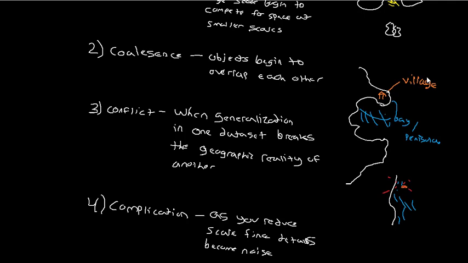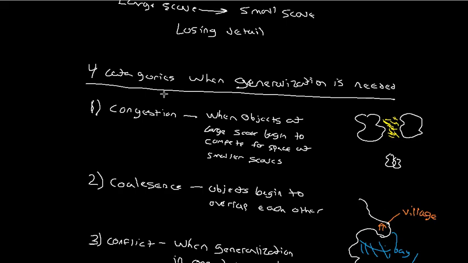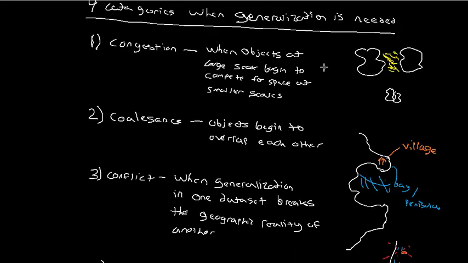In this lecture video, I want to move beyond what we talked about in the last video, where we talked about the 4 reasons why we generalize, and move into talking about how we generalize. So just to recap, we had these 4 reasons why we generalize. You have issues where features start to come together and overlap.